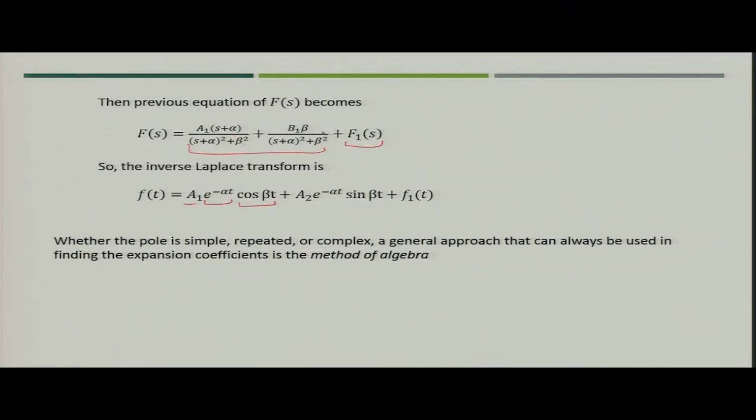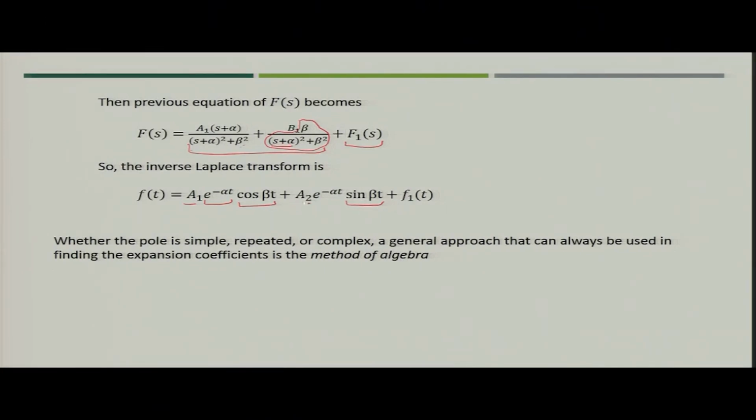Similarly, for this case also you can write a2 e to the power minus alpha t into sin beta t, because here also this particular segment is nothing but the Laplace transform of sin beta t plus the frequency shift, because here you have s plus alpha.